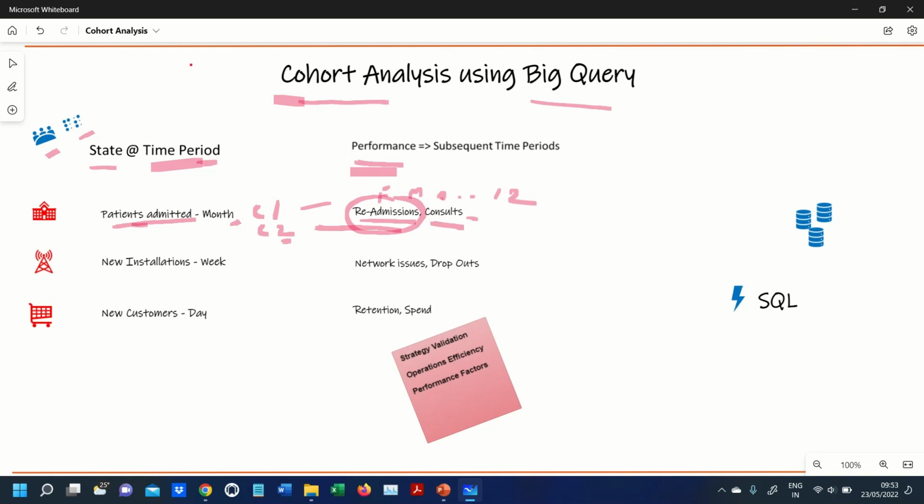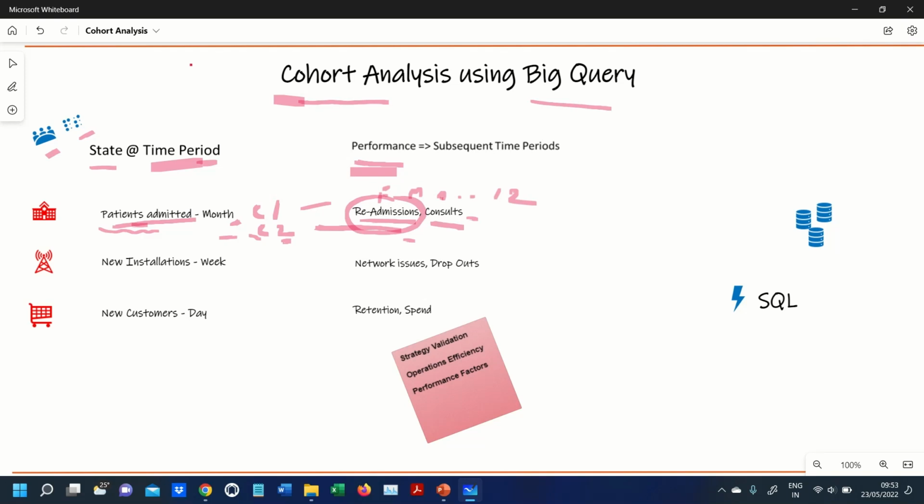So this gives an indication to the business about what additional care we need to take if people who got admitted in a particular month are having more readmissions. There could be some correlation between the initial period of treatment versus the reoccurrence of disease in the subsequent months.